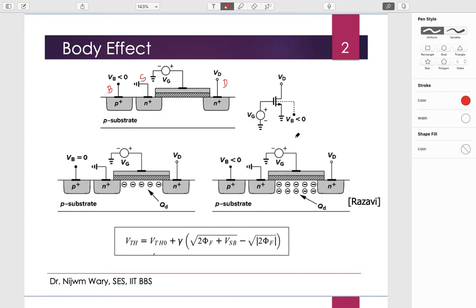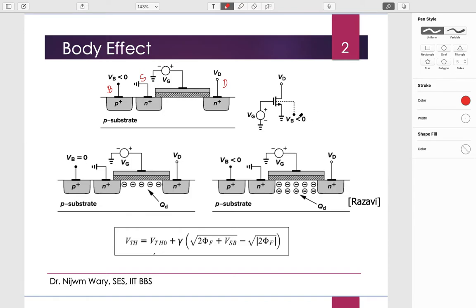Now we may ask why this case is possible, since generally this will be connected to the ground and it cannot go below zero. But this situation can arise. I'll show you the cases when this arises. In fact, it arises many times, most of the time.